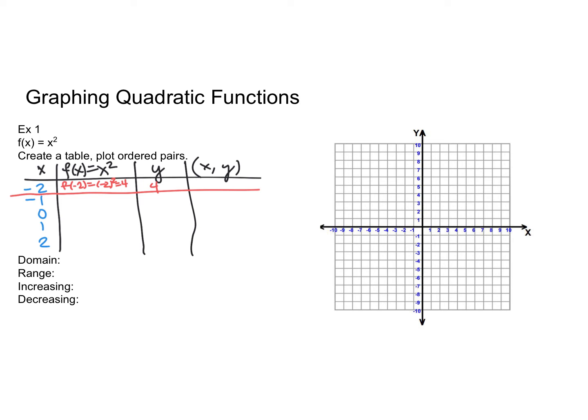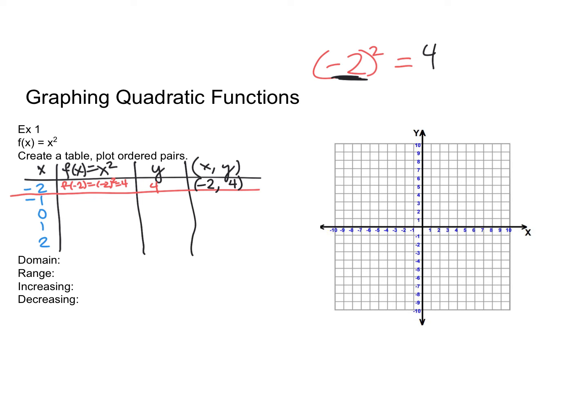Now, if you type -2 squared into your calculator, it will tell you -4. But we know that -2 squared is -2 times -2, which makes it a positive 4. So if you type it into your calculator, I would caution that you use parentheses around the number, and then you'll be fine. So this would be -2, 4.